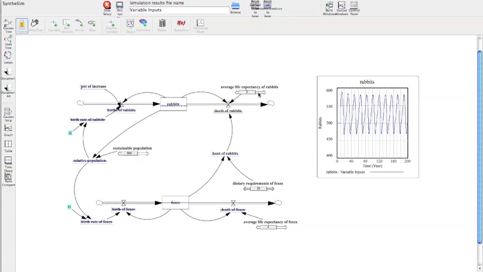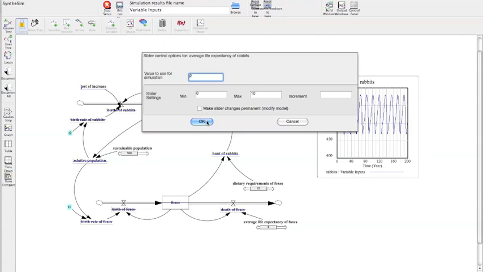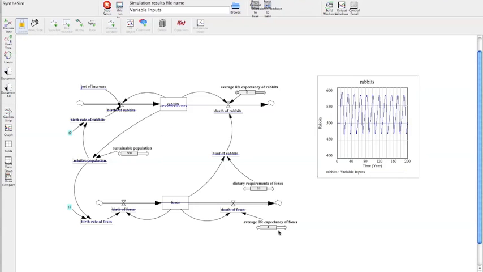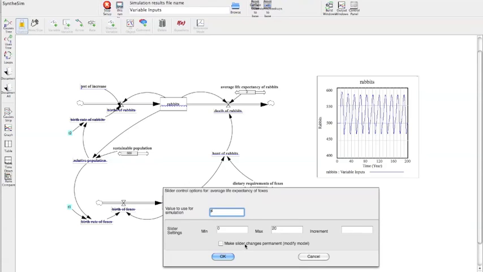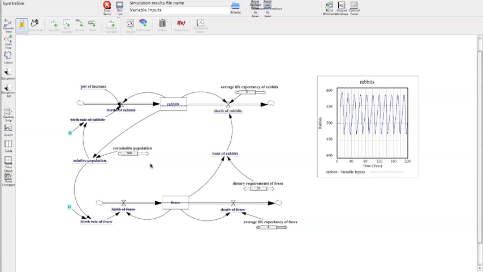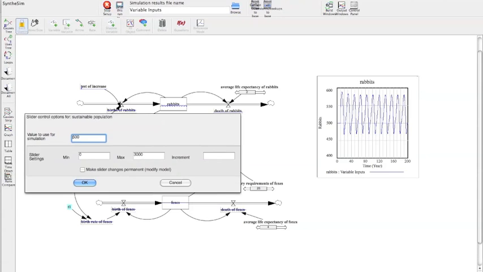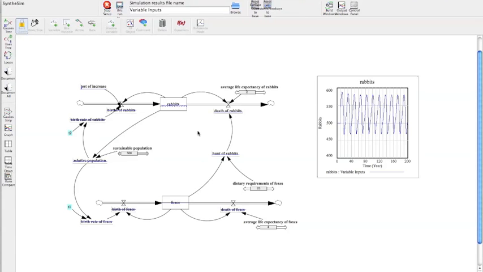You can do the same with all of these. 0 and 10 for the life expectancy of rabbits is probably okay. For foxes, between 0 and 20, that's probably okay. And for sustainable population, between 0 and 3,000, which is probably fine. Then you can start running and see what the impact is.